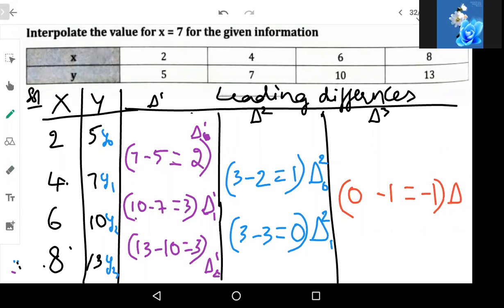Triangle, here 0, above is 3. That will be the third leading difference. So this is how you find out the leading differences. Are the leading differences clear? Any doubts in the leading difference?